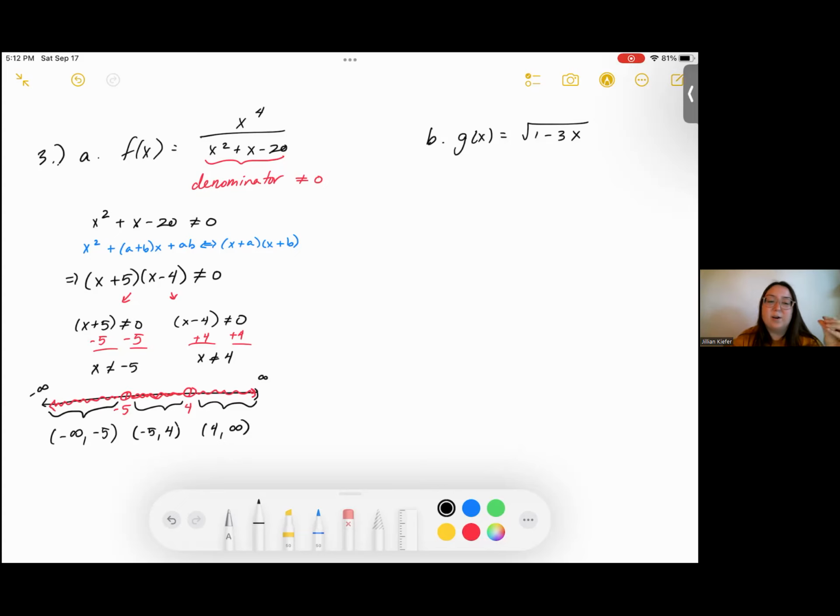These are the 3 intervals that are correct. Whenever you write interval notation and you have multiple intervals, you need to connect them with unions. So we're going to put these big U's in between those intervals.